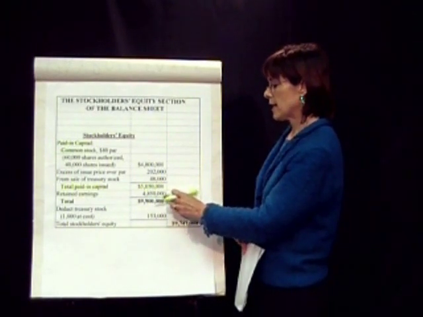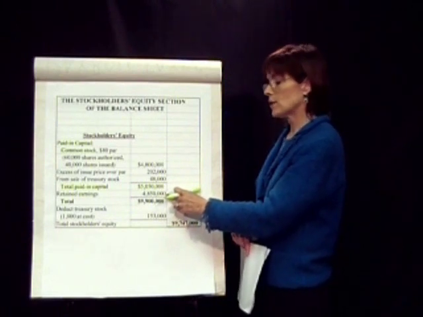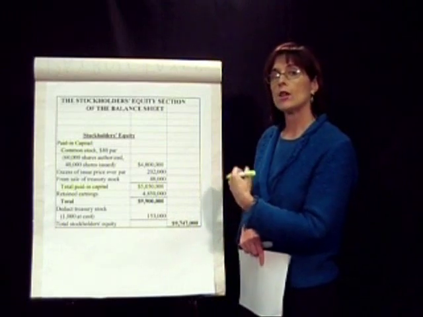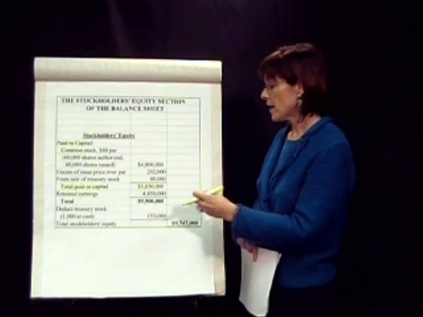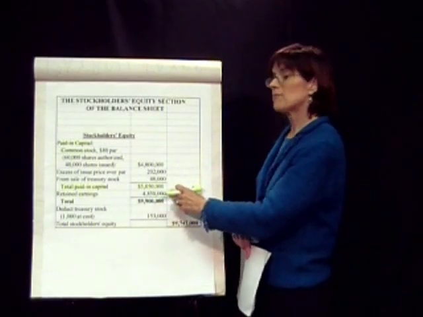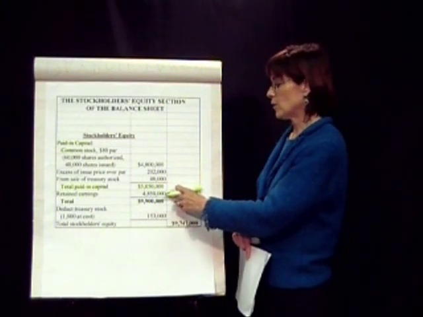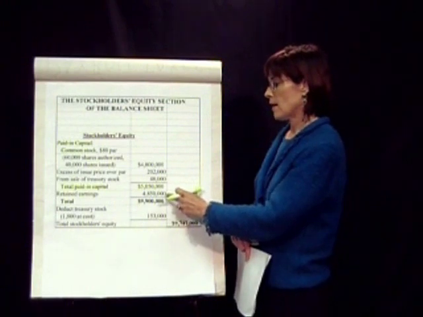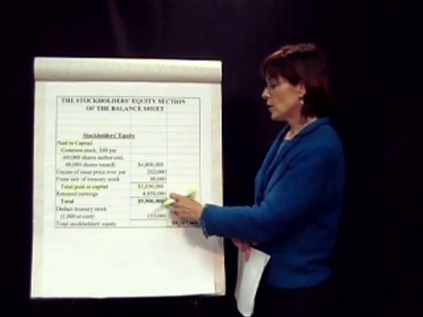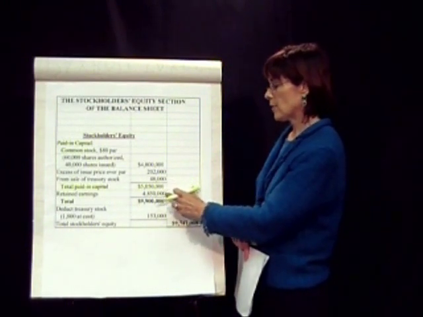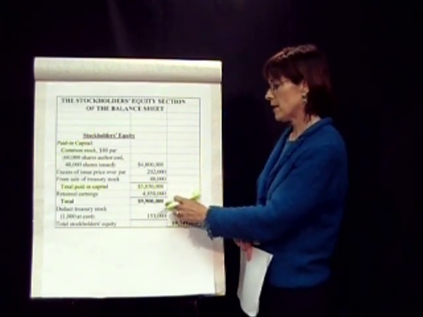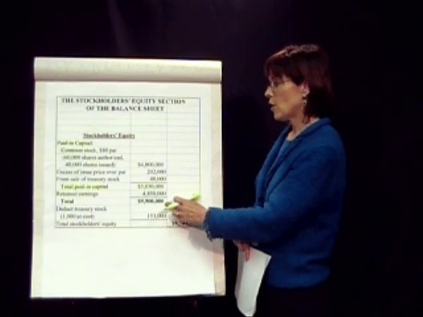Going on down, retained earnings, we mentioned, was all the earnings that have been retained in the business, not paid out in dividends. If the company had a net loss, which is not all that uncommon these days, it would be subtracted from retained earnings, and it would reduce retained earnings the same way that dividends do. When we add those two numbers together, the total paid-in capital plus retained earnings, again, these are the two main sections of the stockholders' equity section of the balance sheet, we get the total stockholders' equity.